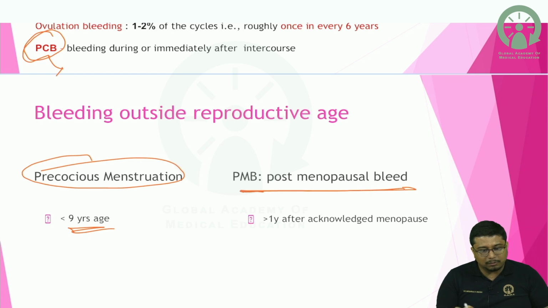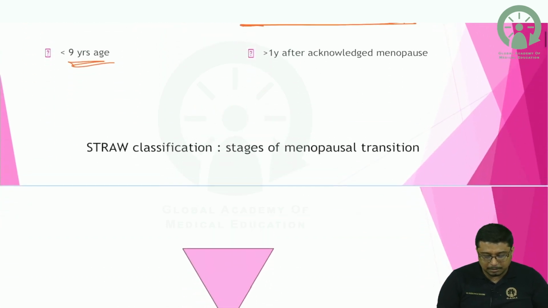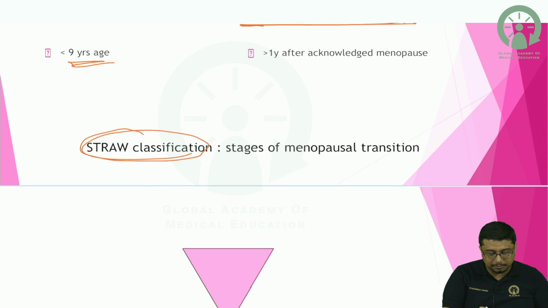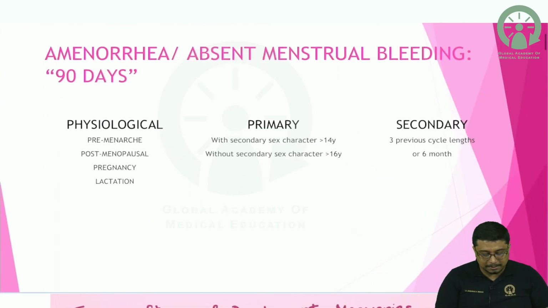That's the only thing that defines menopause. And the menopausal transition is given by the STRAW classification. I think knowing the name will do.